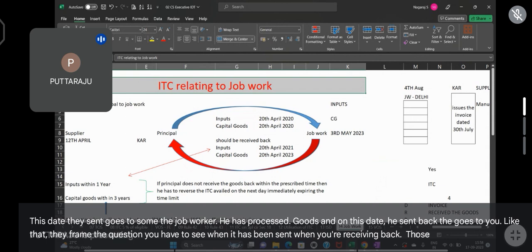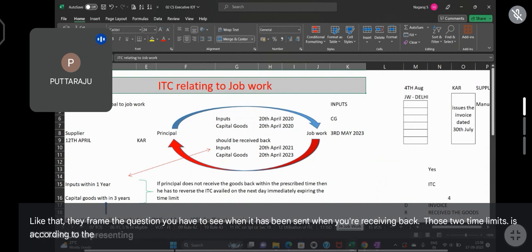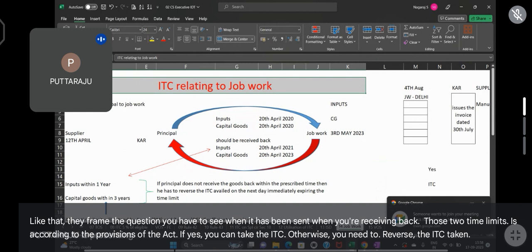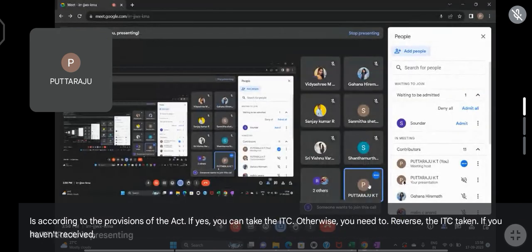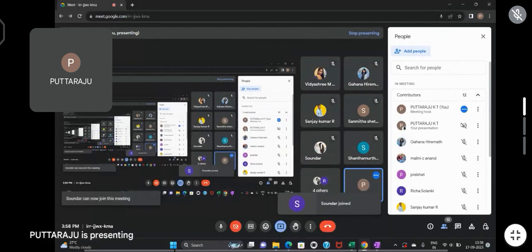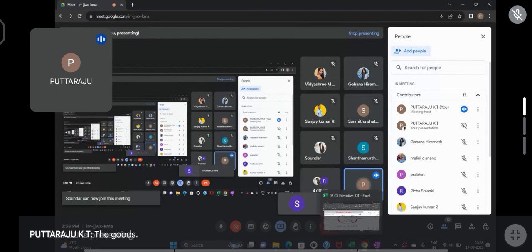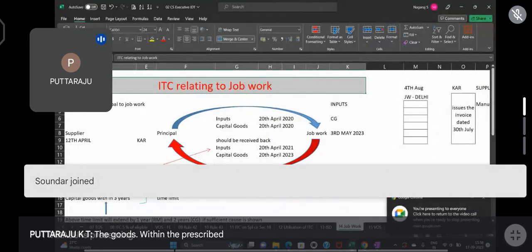Those two dates should be within the time limit according to the provisions of the Act. If yes, you can take the ITC. Otherwise, you need to reverse the ITC taken, if you haven't received the goods within the prescribed time.